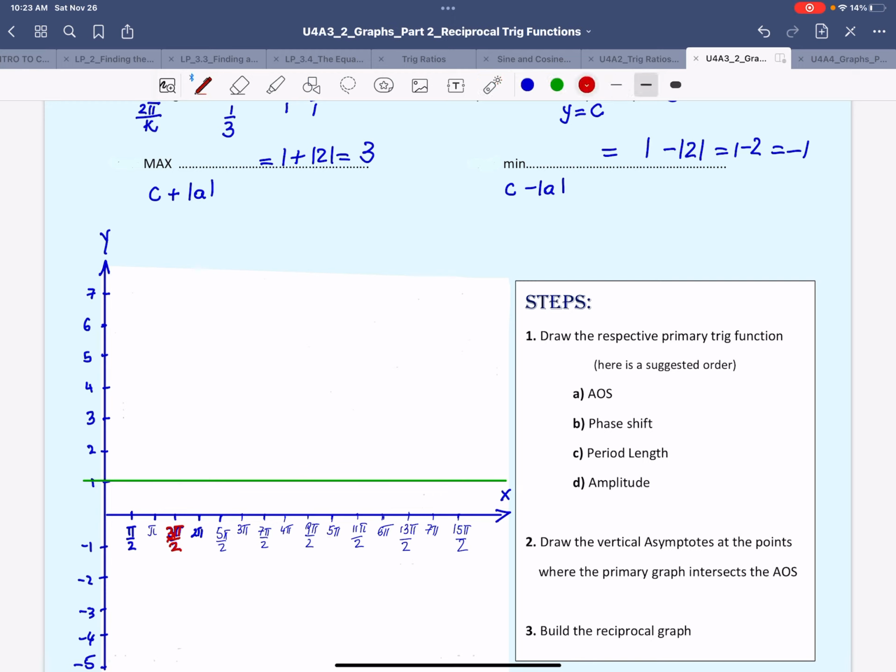That would be the starting point. And it will end 6 pi radians later, because 6 pi is the period length. So 6 pi is in here, so we said that if you want to continue for 3 pi over 2 more, it means that you have to go 1, 2, 3 more units further. So that means the graph of sine will end right here.